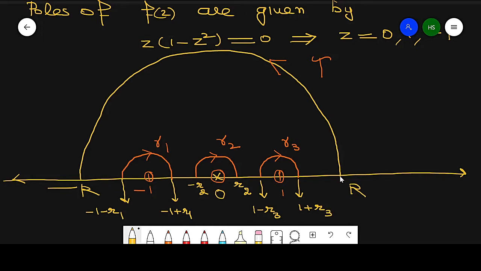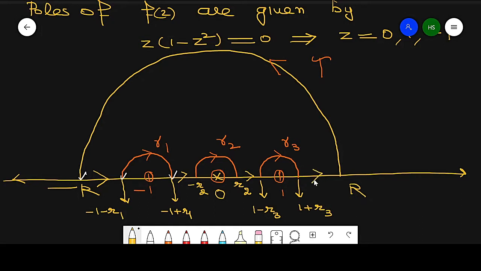Now, if a point moves from this point to this point, this is integration around gamma tau first, then on the real axis, then around gamma 1, then again on the real axis, then around gamma 2, then again on the real line, then around gamma 3, then again on the real line.